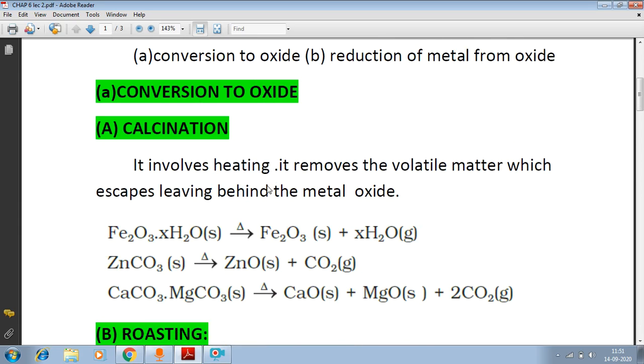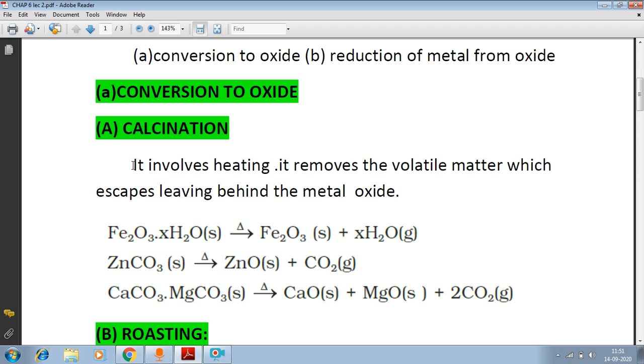Now for that, multiple methods are there. The first method is calcination. Here the ores, mainly carbonate ores, are treated with this method. What are we doing in this method?